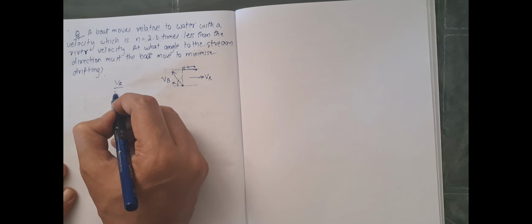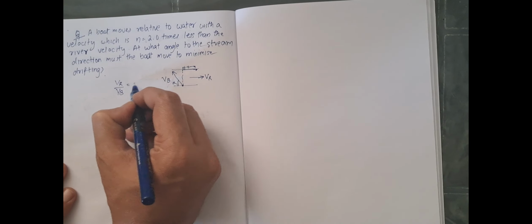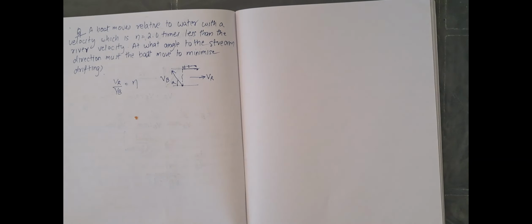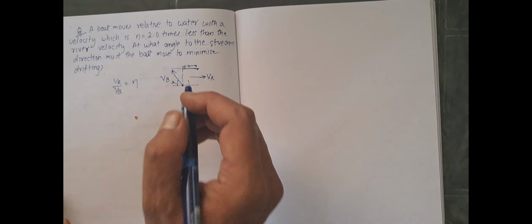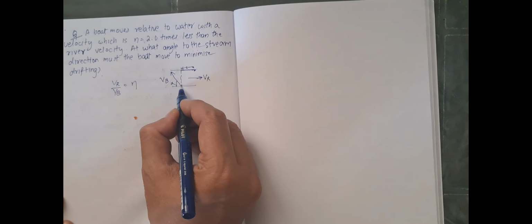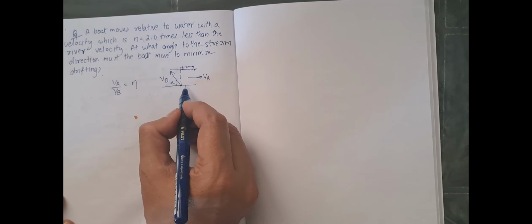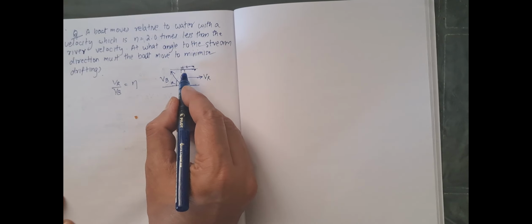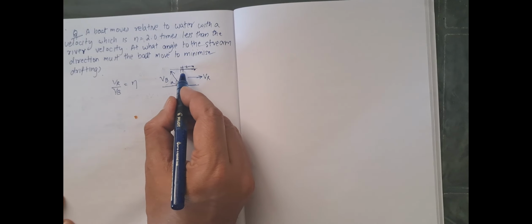So VR by VB is equal to n. Now, in this boat, there are two things, right? So the question basically means, what should be this angle so that this drifting is minimum?